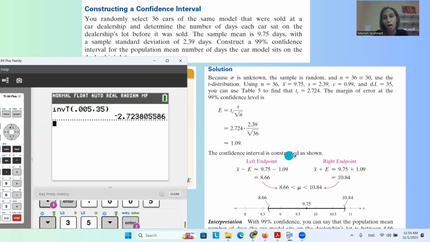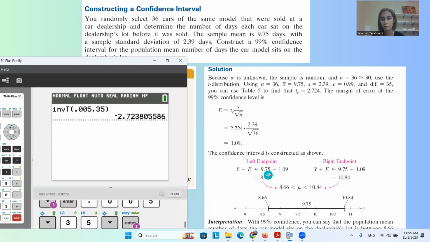Let's find the confidence interval now. Left endpoint, right endpoint. The left endpoint is x bar minus E, and the right endpoint is x bar plus E. We want to know, on average for the population, what is the minimum number of days that specific model sits in the dealership lot, and what's the maximum number of days? x bar was about 10 days. The distance is about 1 day.